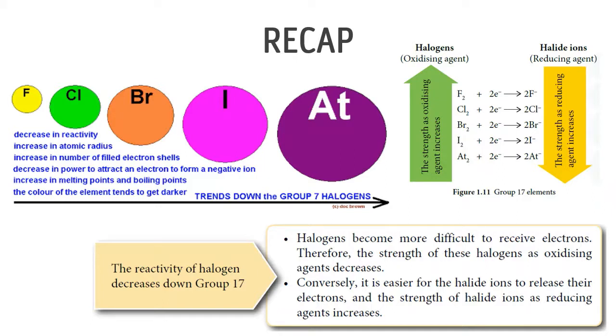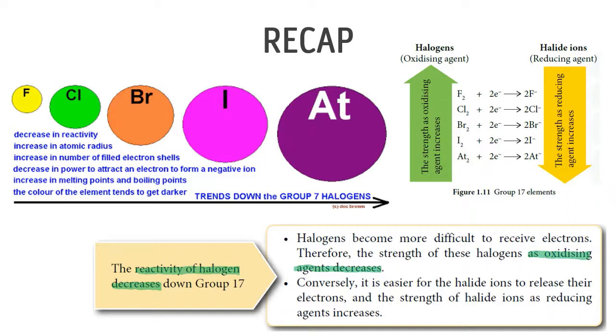Therefore, the strength of this halogen as oxidizing agent decreases. This is one of the reasons why the reactivity of halogen decreases when going down the group.